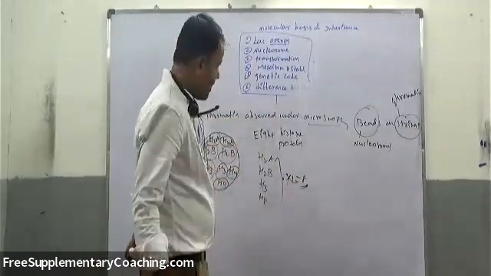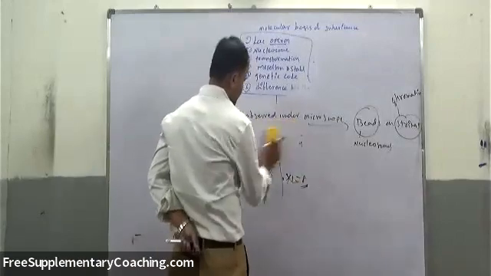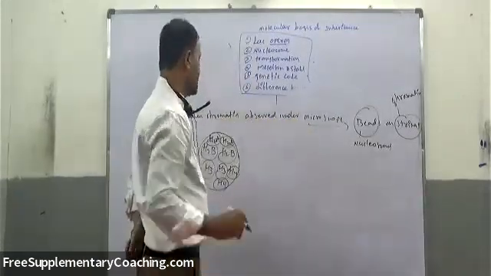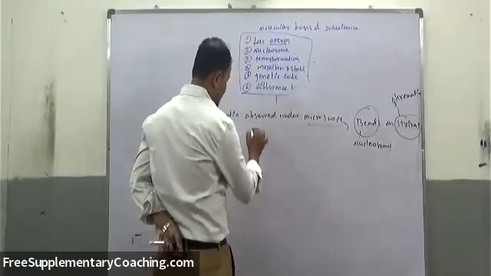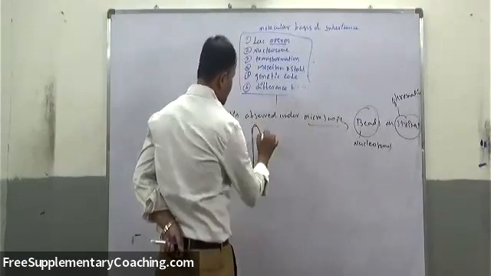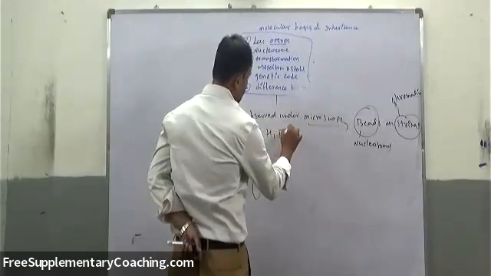The nucleosome has eight histone proteins inside. Outside of the nucleosome there is the H1 protein, histone 1.